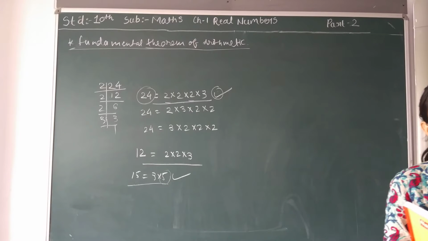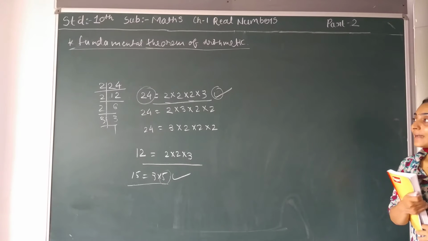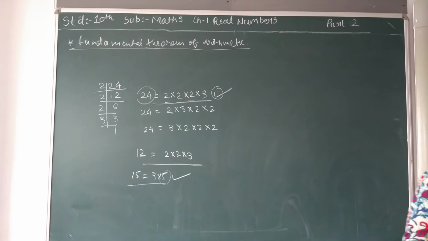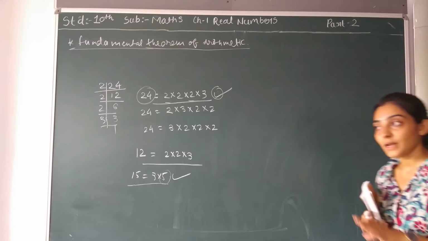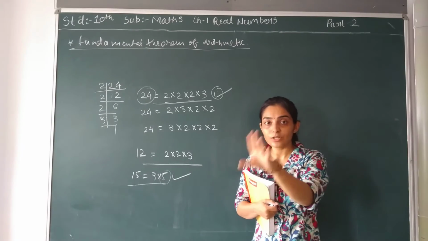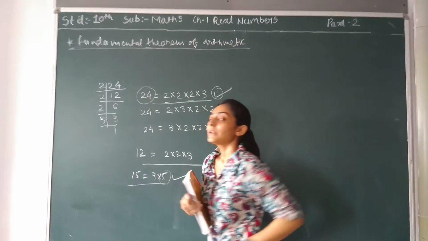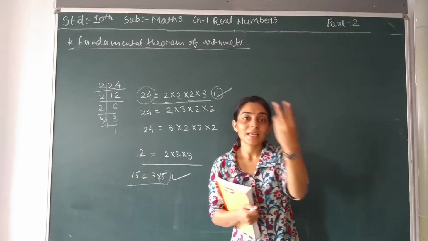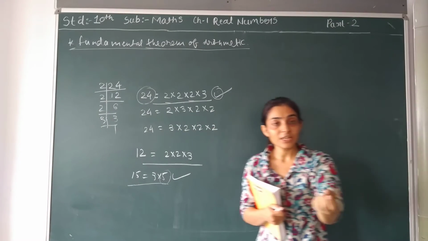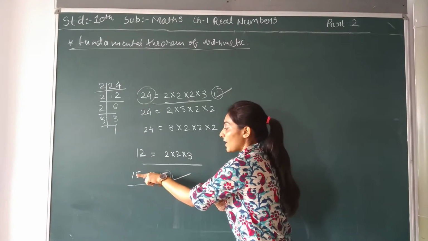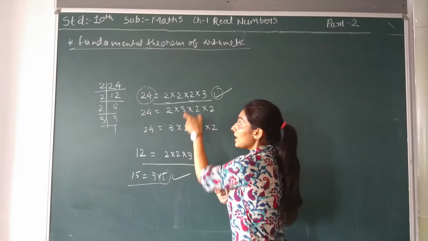Okay. So now just observe what I have said. Every composite number can be expressed as a prime factorization. The second thing is every prime factorization is unique in nature.